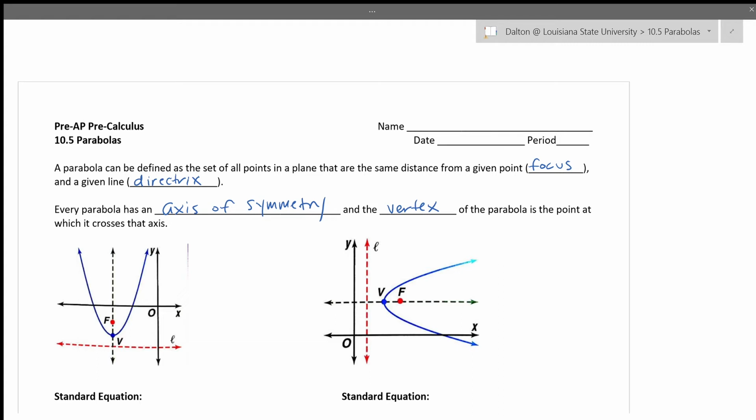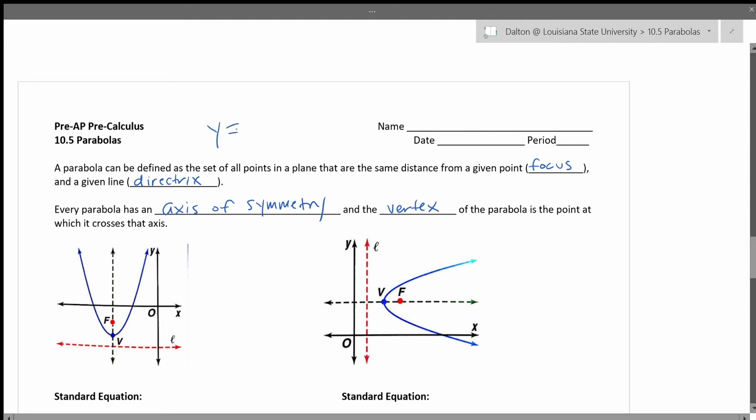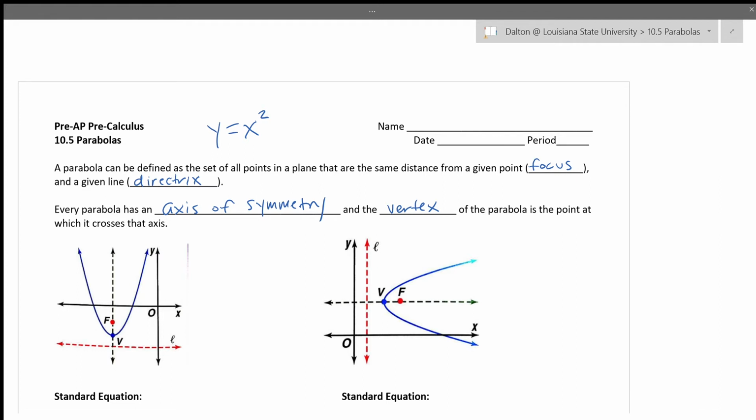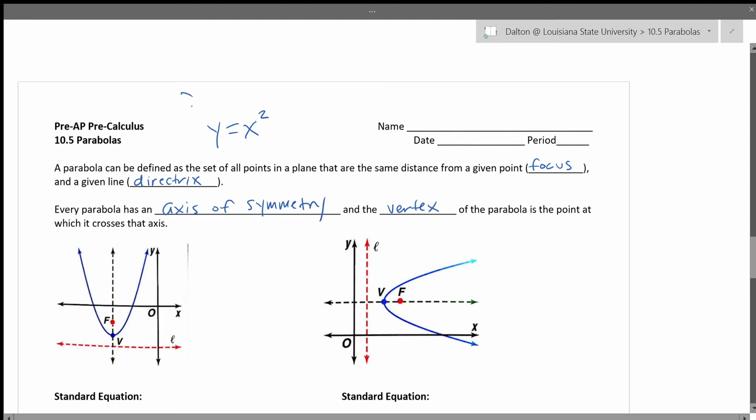So we're used to seeing parabolas like the parent function with the equation y equals x squared. That is still what we are graphing to an extent. We've done y equals a(x minus h) squared plus k.